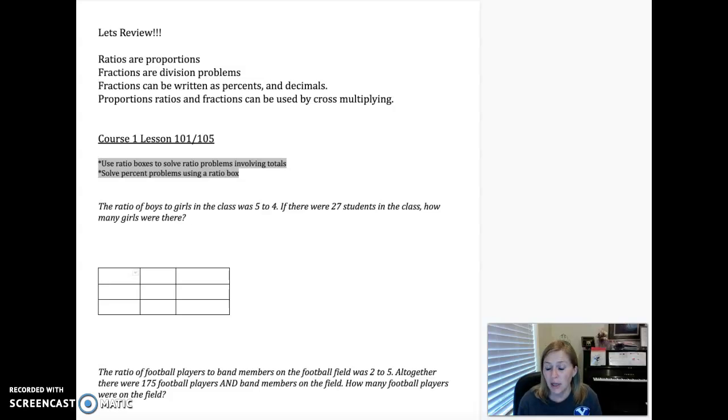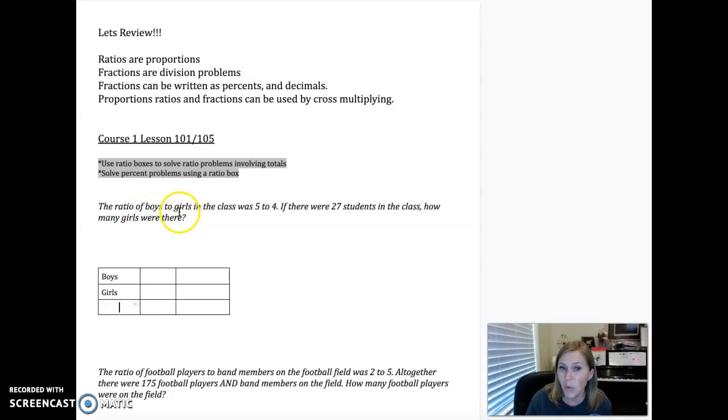Here is a quick review of the ratios using the words. We've been talking about how important it is to use the words. Our example right here says, the ratio of boys to girls in the class was 5 to 4. So it gives us some information. It gives us boys, it gives us girls, and it gives us a little bit more.